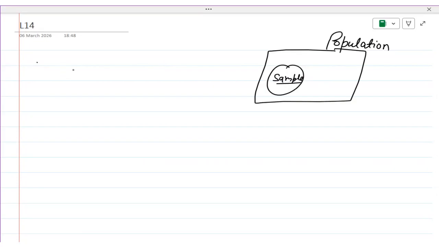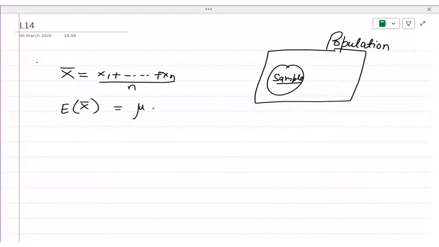One of the estimators we have seen is the sample mean. The sample mean is the sum of the sample values divided by the total number of values. And if we find this, we have found that the expected value of x bar, which we did yesterday, was the same as the population mean.